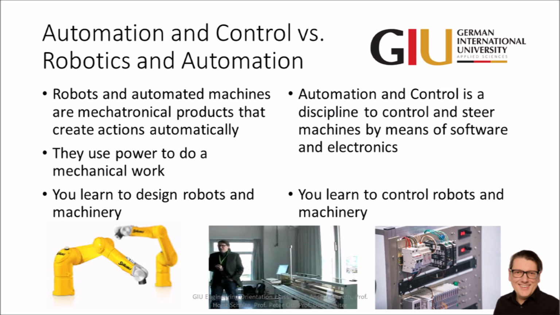In our program, and also in the other programs in the engineering faculty, we have colleagues who are experts in robotics, automation of cars and power plants. As a control engineer, you work together with these experts. And you are the expert of everything, because you have to design a controller to steer the machinery.